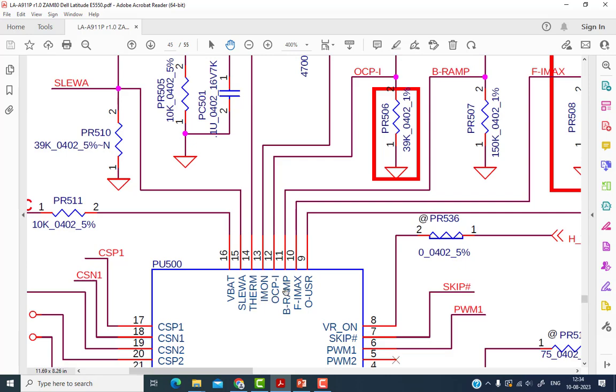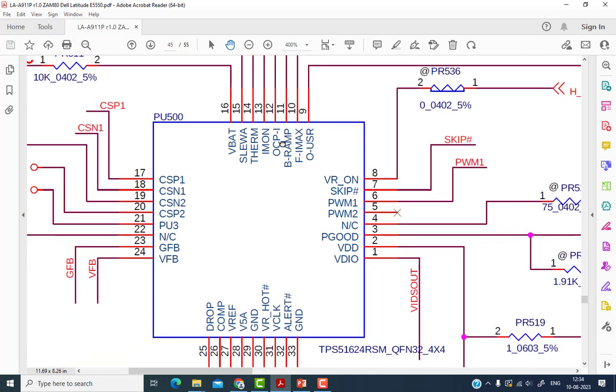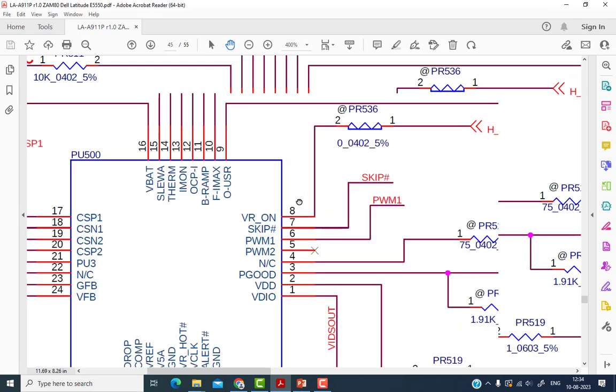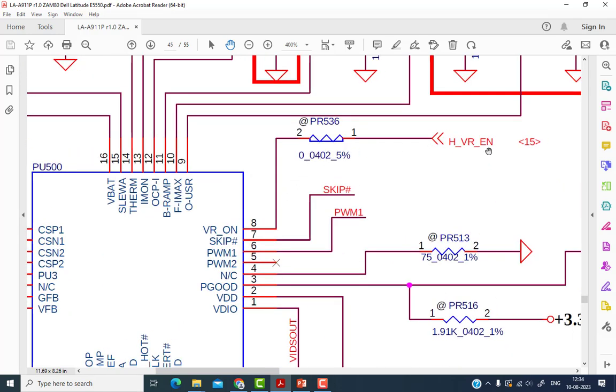Okay, so these are the input criteria, and now the chip gets this power VDD, and the temperature is also normal, and then the chip gets this enable signal. This pin is called VR_ON, pin number 8, and this signal is coming from page number 15. So this is called the page number. The name of the signal is H_VR_EN, so this signal is called the VR on signal.